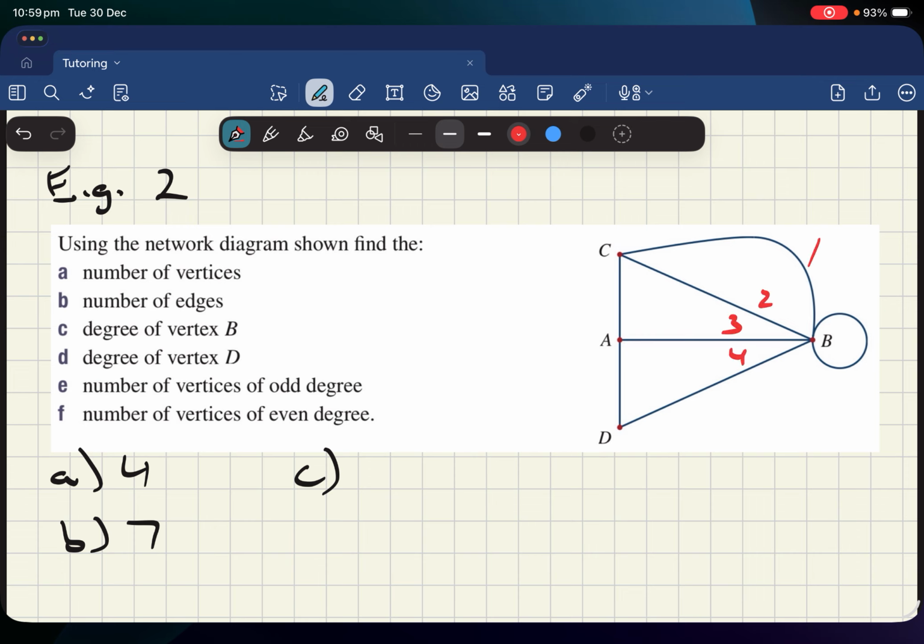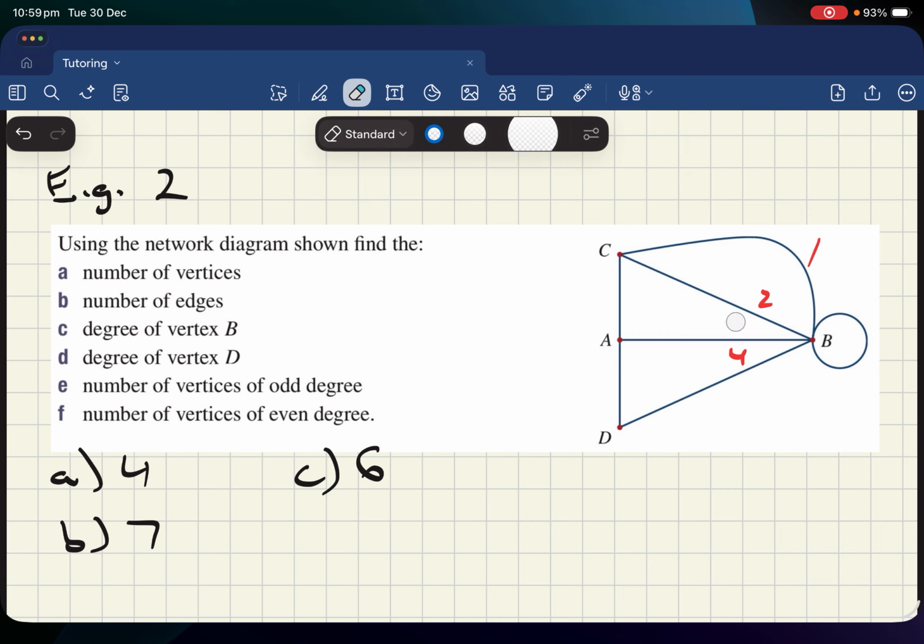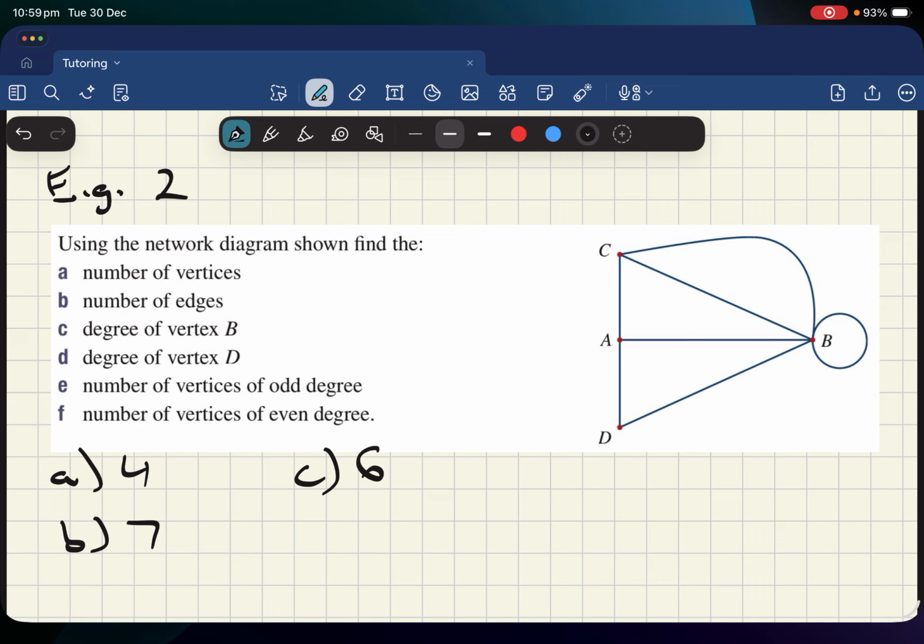There's 1 edge on this loop, but remember it contributes a degree of 2 to the vertex. So it has 4 connections here, but the loop counts for 2. So it has a degree of 6 altogether. I hope that makes sense.